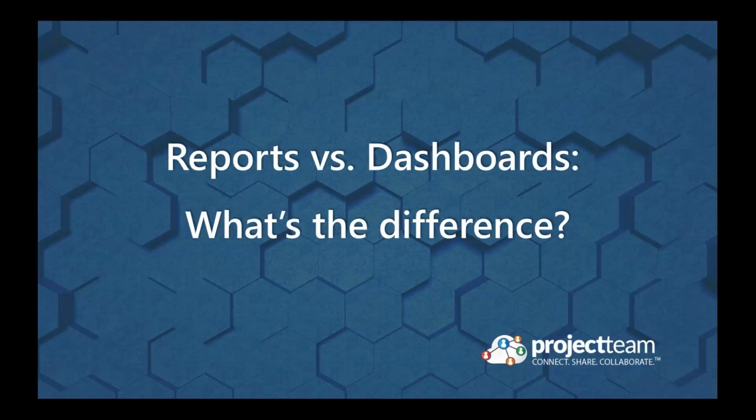And then what do we think of when we hear the word dashboards? I know when I think of dashboards, I think of colors. I think of charts. I think of lines. I think of circles. And one of the other really nice things about dashboards as opposed to reports, especially in a cloud-based app like ProjectTeam, is that we can introduce some interactivity for those things.